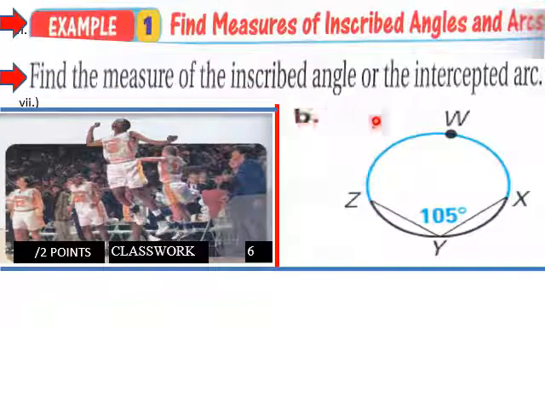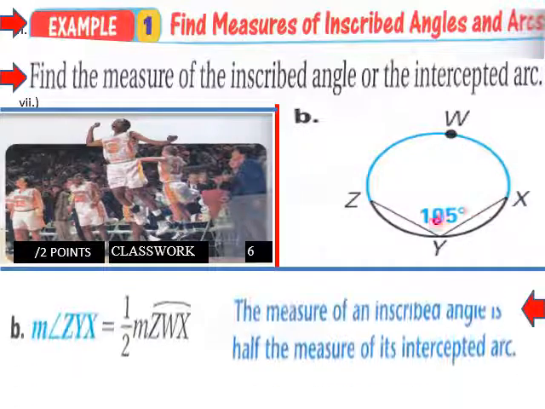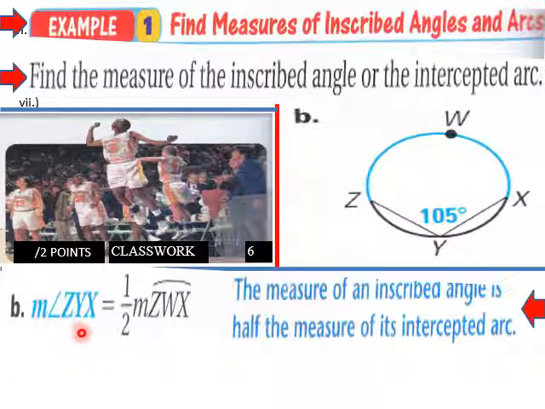Example 1, continued: find the measure of this arc. We have a 105 degree measurement here for angle XYZ. What would be the measurement of this arc? The measure of angle ZYX equals 1/2 of the measure of arc ZWX.